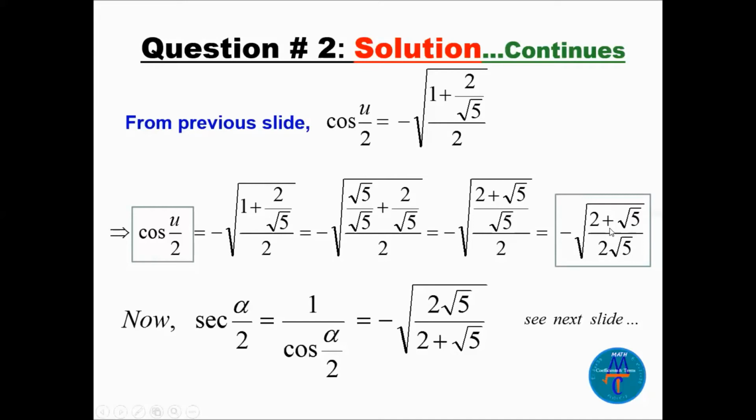This value is the cosine of alpha over 2. Now what I need, secant of alpha over 2, is the reciprocal of this. 1 over cosine. So I leave the minus, then I flip this fraction. So it will be 2 square root of 5 divided by the square root of 2 plus square root of 5.